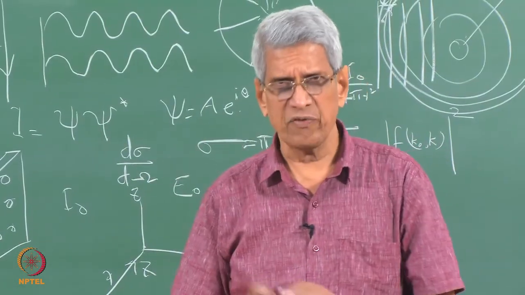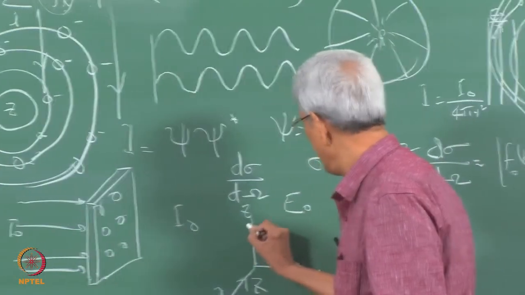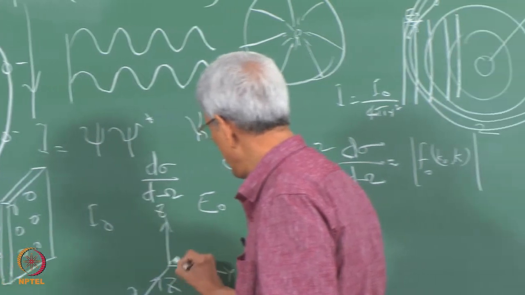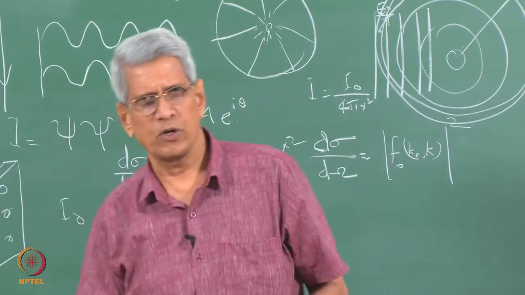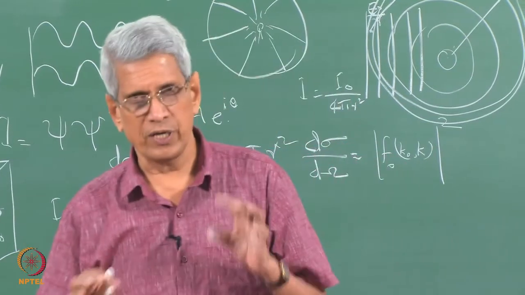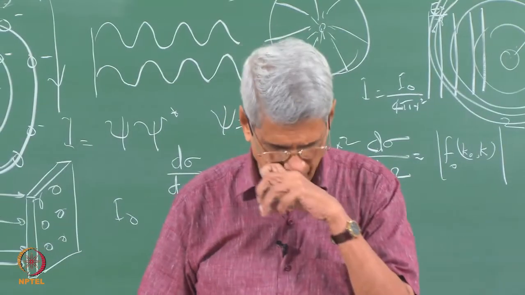It has an electric field and a magnetic field associated with it, and let us assume the electric field is in this direction. It could randomly be in any orientation perpendicular to the beam, in which case we say it is unpolarized. If it is polarized, the electric field is in a specific direction.